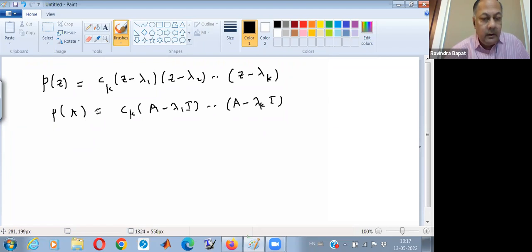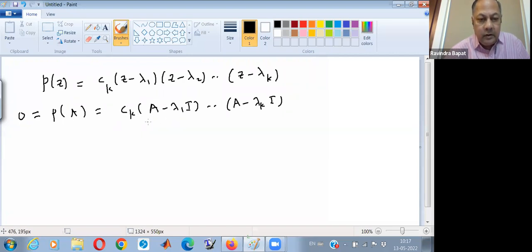This is equal to 0 because powers of A also commute. If we expand this, we get 0, because that's an annihilating polynomial. So p(A) is 0, so this is 0.